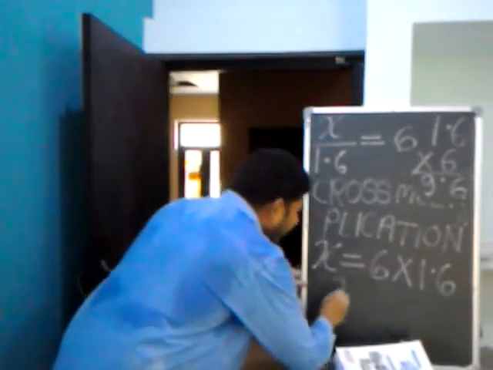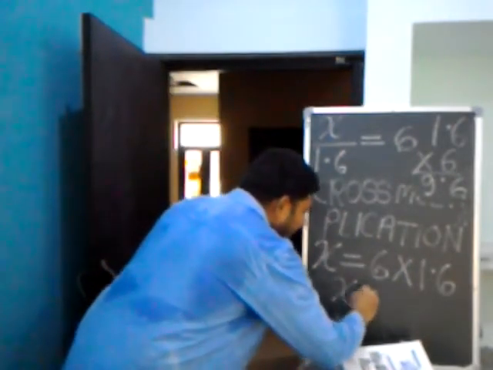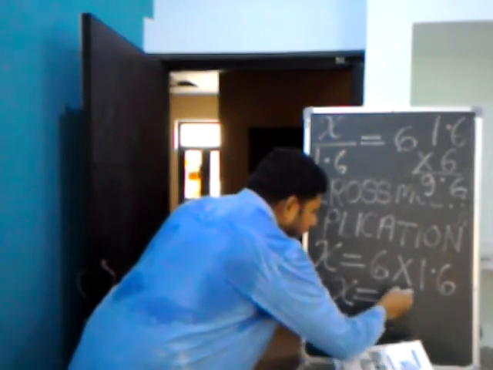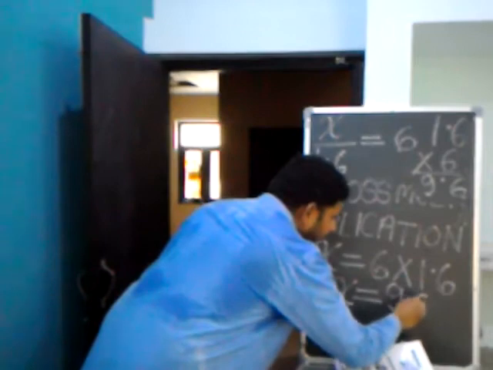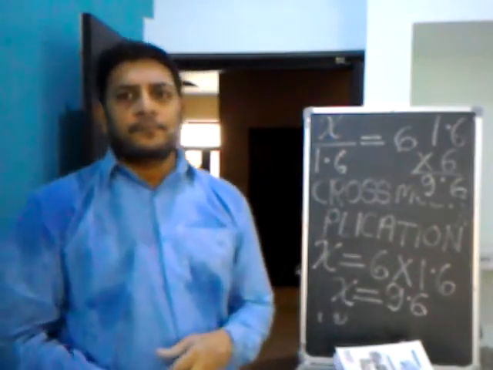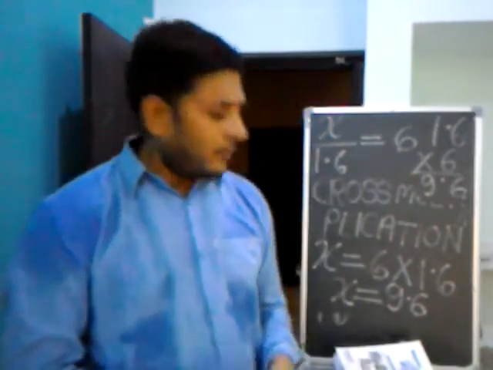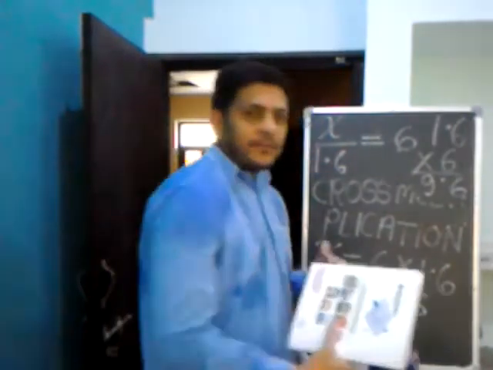So the value of x is 9.6. This is how we solve these problems. Now let us take another example.